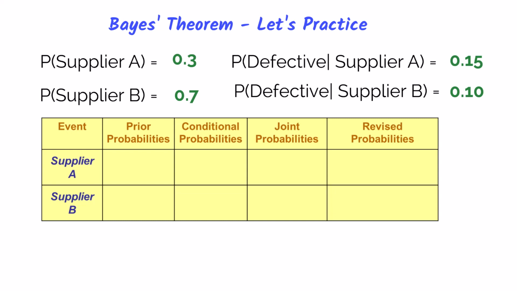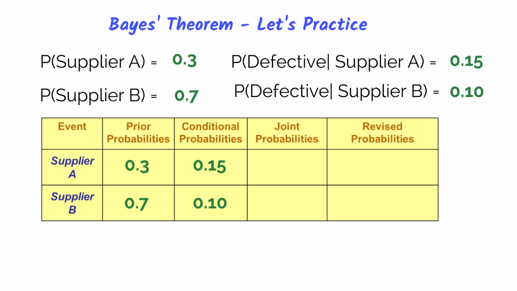So now that we have this information, we're going to go ahead and plug it into our table. So let's input this information in for our prior probabilities and our conditional probabilities. So we're going to go ahead and plug in 0.3 and 0.15 for supplier A. Then we plug in 0.7 and 0.1 for supplier B. So to get our joint probabilities, we're going to multiply them.